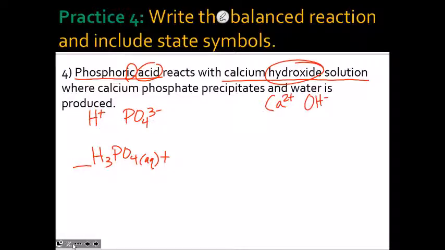So, how do we write that formula? How many of each do we need? 2 hydroxides, 1 calcium. So don't forget your parentheses. You need to keep the group together. Stick the 2 outside. Now it tells you this is solution, so we know this is AQ. I'm going to put it down here because I'm running out of room.